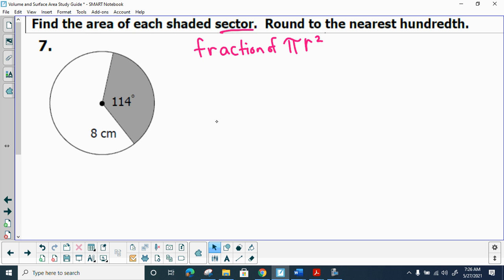What part of the circle do we want the area of? We have this shaded area, which is 114 degrees, and the whole circle has 360 degrees. So that gives us the fraction. Of means to multiply. Okay, pi. Our radius we're given is 8 centimeters.